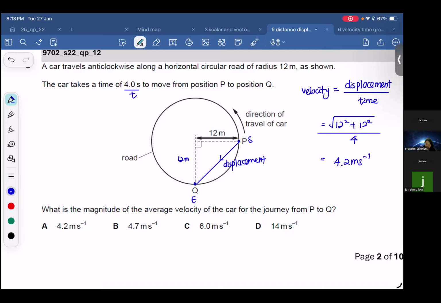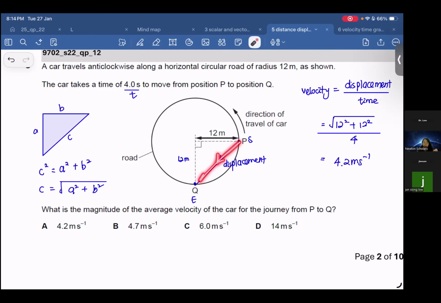Like this, dear: this is A, B, C. How do you get C? Mathematics: C squared equals A squared plus B squared, so C is the square root of A squared plus B squared. So for the displacement you use the Pythagoras theorem to solve it. Jiaxuan, is it okay for this question? Answer should be A.